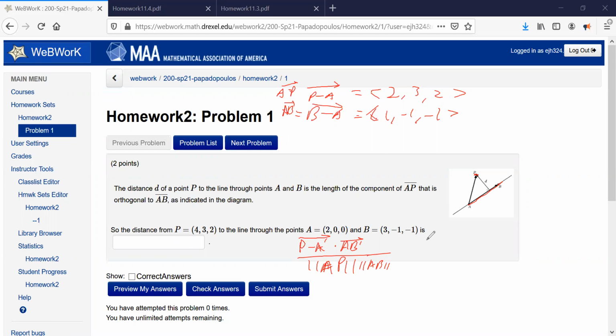I'm missing something else here. This is most of the way, but I also need the vector AB itself, because this right here would just give me a number. But what I actually need is a vector. So geometrically, what does this actually give me?